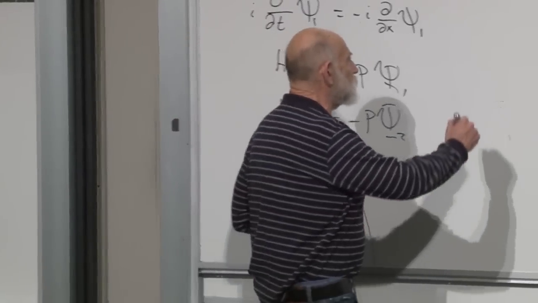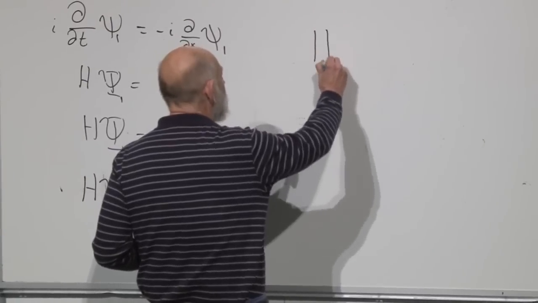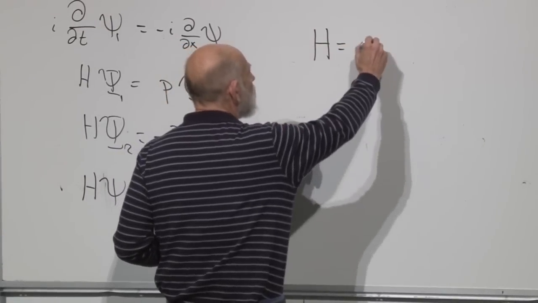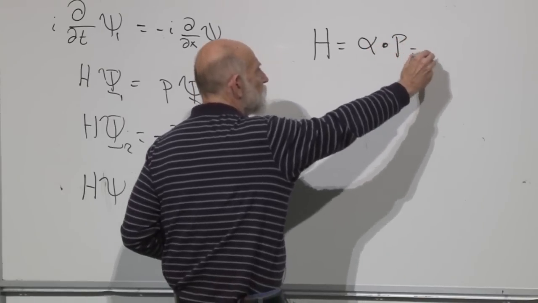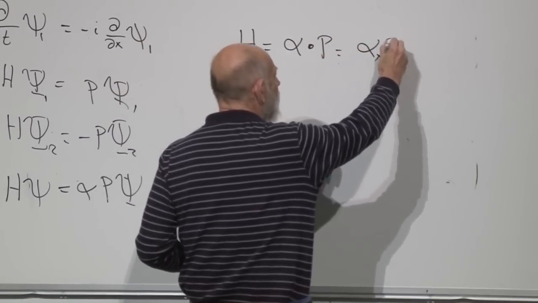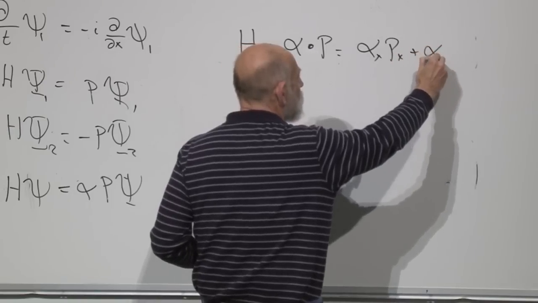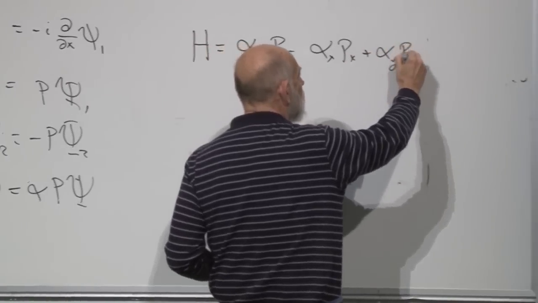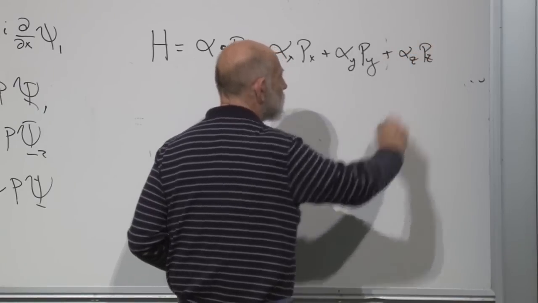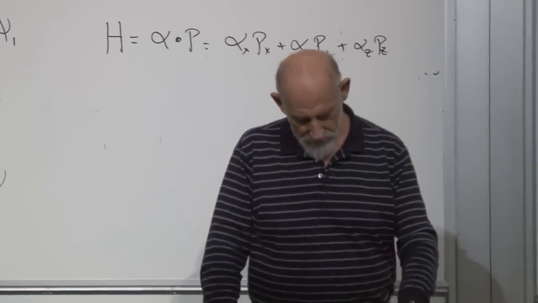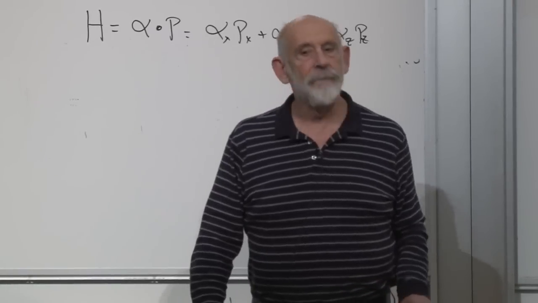So he said, let's try the equation h equals alpha dot p. This means alpha sub x px plus alpha sub y py plus alpha sub z pz. Okay.